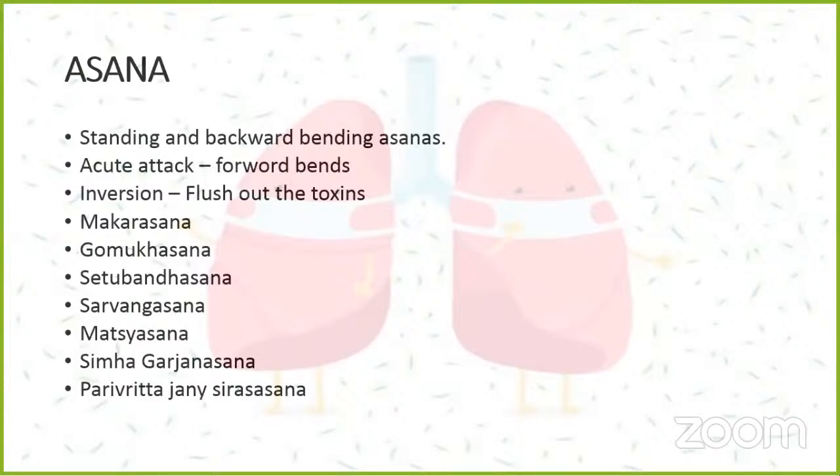It's not that we immediately give the back arches. Gradually we work towards taking them to the inversions. What happens in inversions is that we try to strengthen the lower respiratory tract. In inversion, how does the strengthening of the lower respiratory system happen?